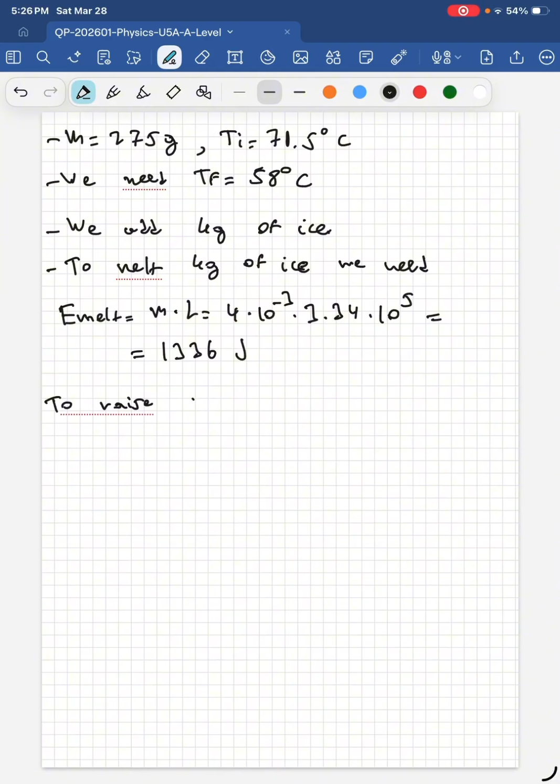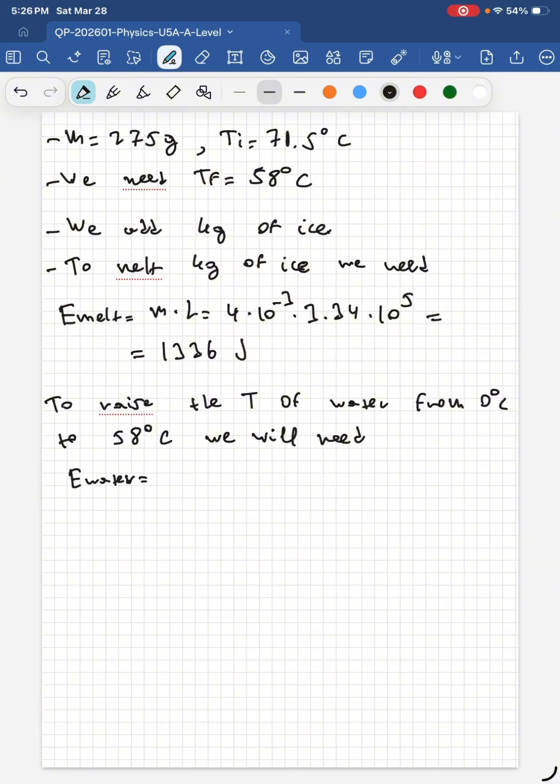Okay, to raise the temperature of water, assuming it melted, from 0 degrees Celsius to 58 degrees Celsius, we will need E water, which is equal to C times M times delta theta.